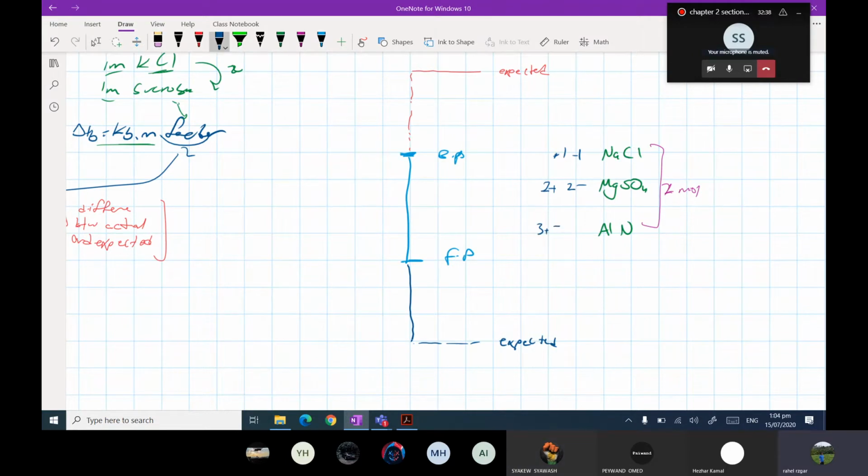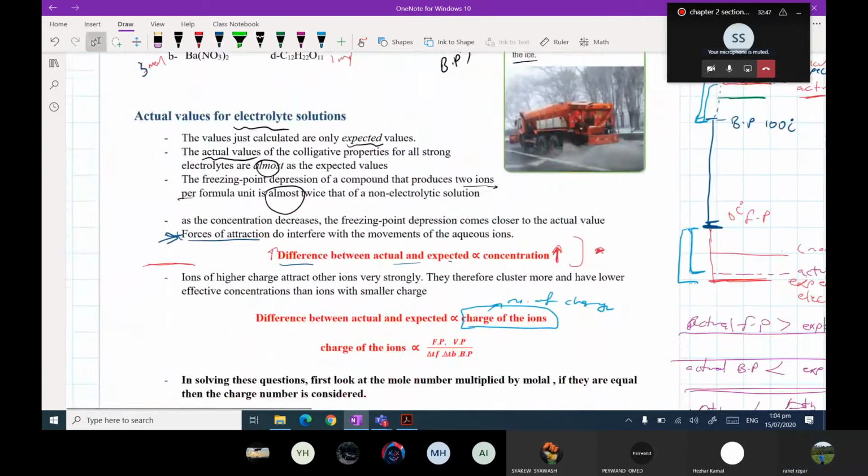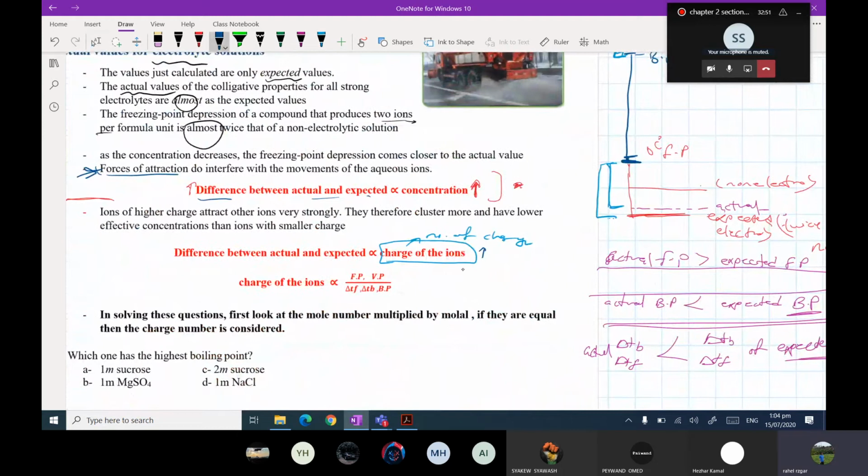Aluminium nitrate is 3 plus and 3 minus. Before I finish the graph, let's go back: the higher the charge, the more difference there will be between actual and expected, so the actual will be further away from the expected.